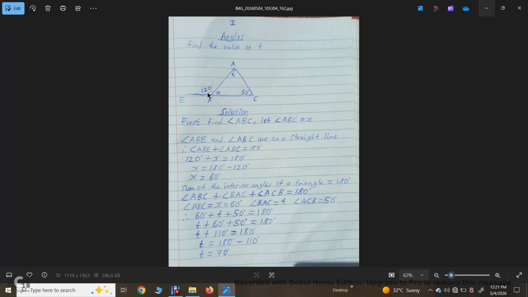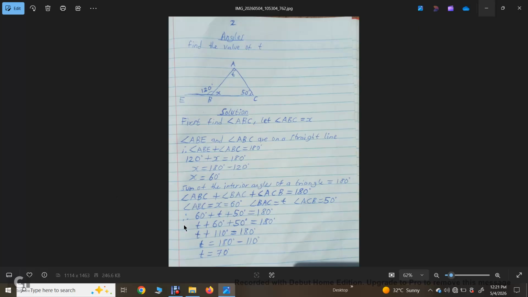Angle BAC is equal to t. Angle ACB is equal to 50 degrees. So you put the values into the equation. Therefore we get 60 degrees plus t plus 50 degrees is equal to 180 degrees.